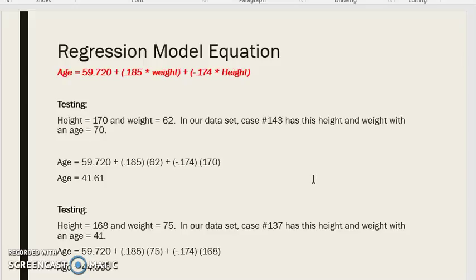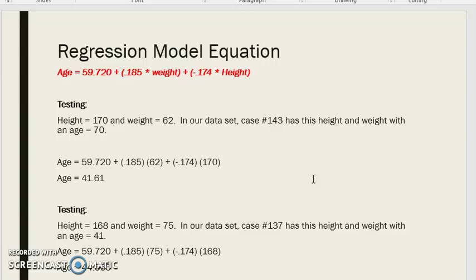So given a height of 170 and a weight of 62, in our data set, case number 143 has this height and weight, but the age is actually 70. So when I entered height of 170 and weight of 62 into my regression model equation, it actually predicted an age of 41 years, when actually in our data set, the age was 70.